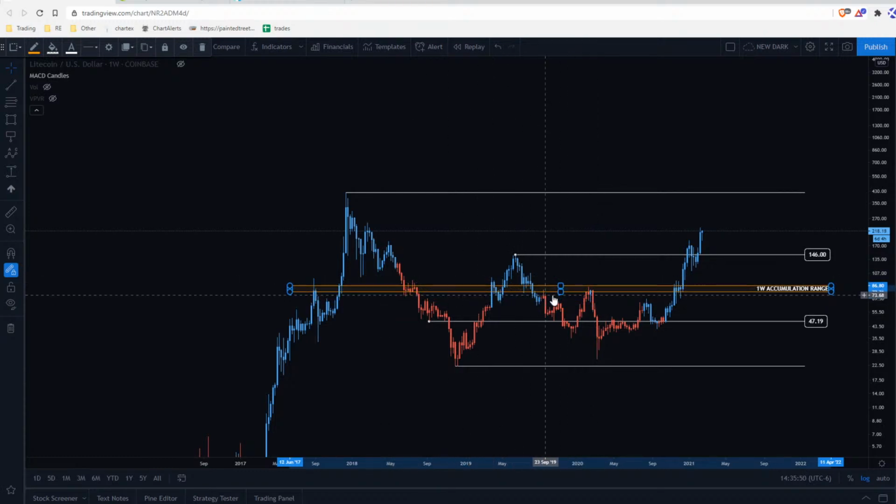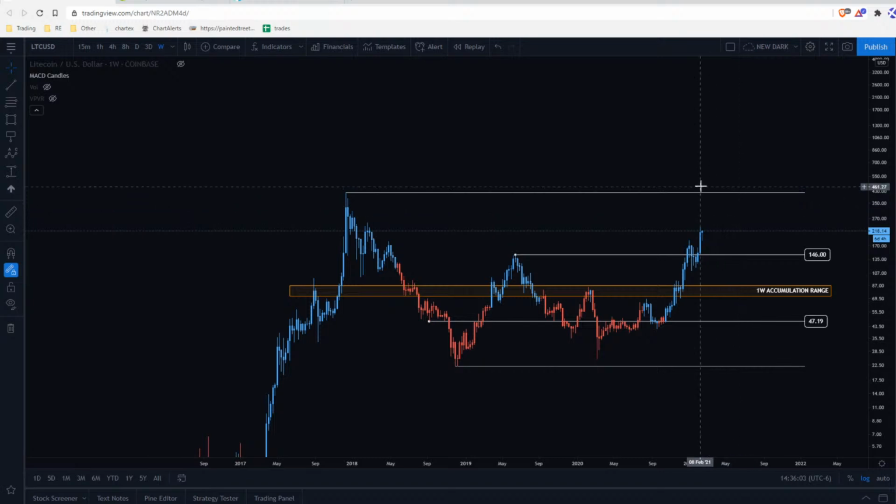Right in here. Final accumulation here. So this is a test. This is the last point of support, and we should be pretty much heading up to all-time highs now.